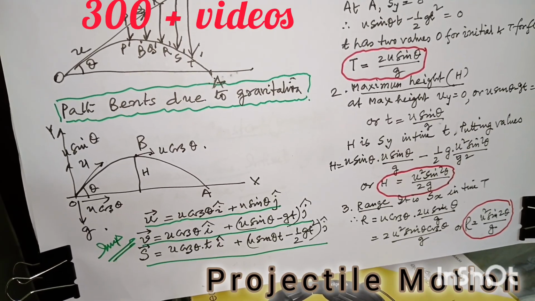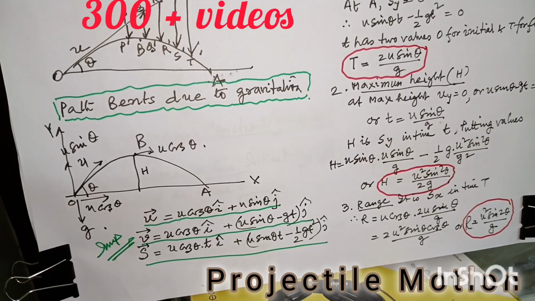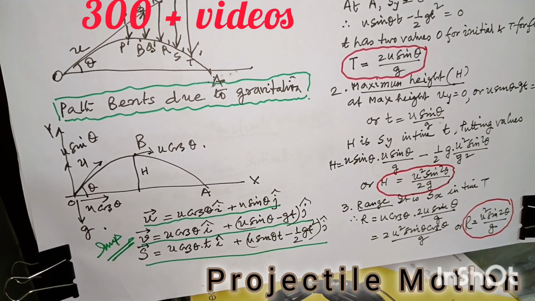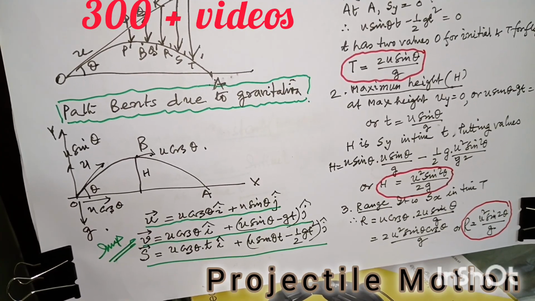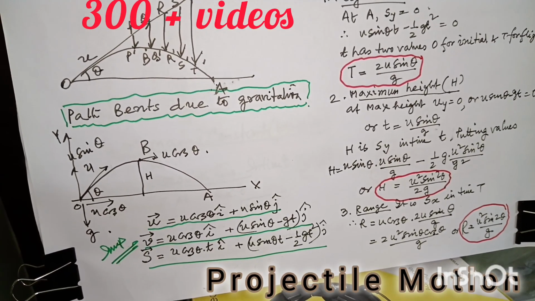No acceleration can affect any velocity which is at 90 degrees with it. So u cos theta will not be affected. It will be constant all along. But u sin theta is in the line of g, and g is in the opposite direction to u sin theta. So u sin theta will gradually reduce with time.